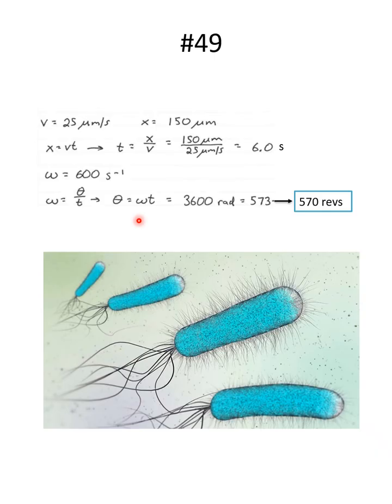So we have 3,600 radians when we plug in those values, 6 seconds at 600 radians per second, so 3,600 radians, and we'll divide by 2 pi and get about 570 revolutions.